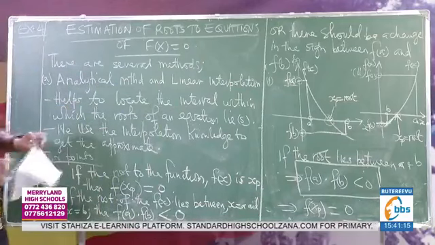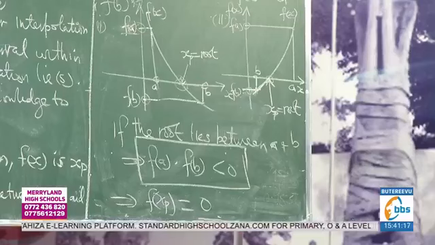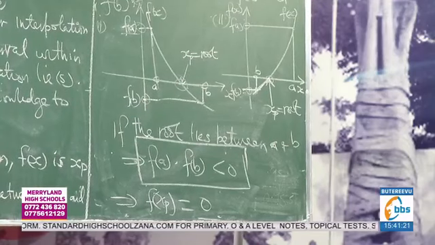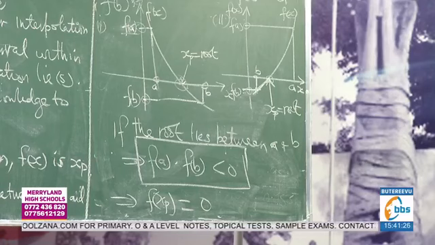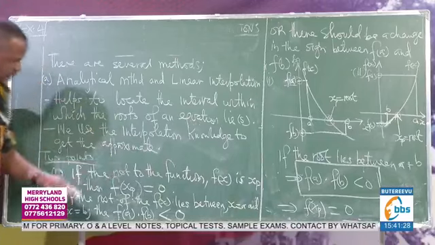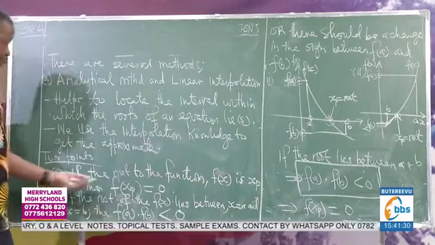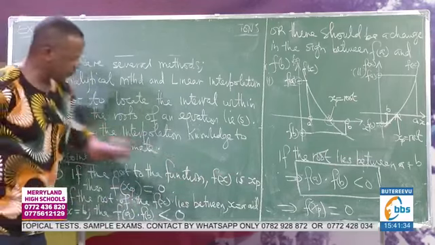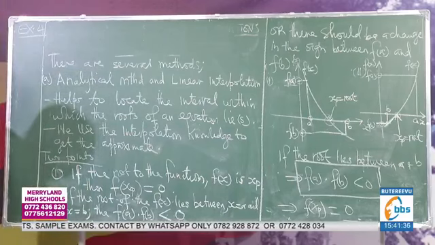And if you put the root, which we call xp, in the function, f of xp should always be equal to 0. We can look at an example now and see how this theory works, but I want to emphasize that you need to know these two points. If the root to the given function is xp, then when you feed in that value, f of x must collapse to 0.